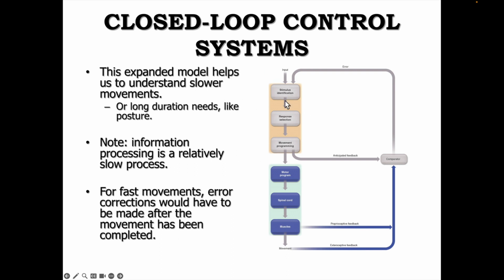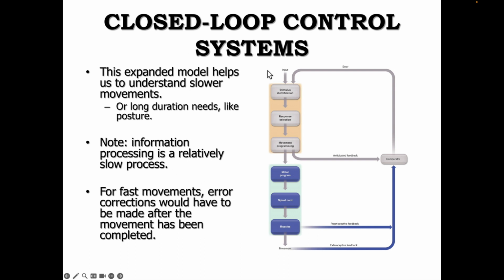Basically, the closed loop control system only works for slow movements or movements that occur for a long period of time. So: stimulus identification, response selection, movement programming, and what we anticipate to be feedback. We execute a motor program and get feedback from that. Based on how well our motor program does and the anticipated feedback, we either have an error coming back, or it tells us we're doing well and we just need to maintain.